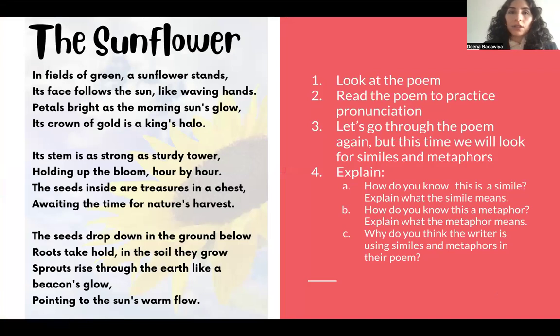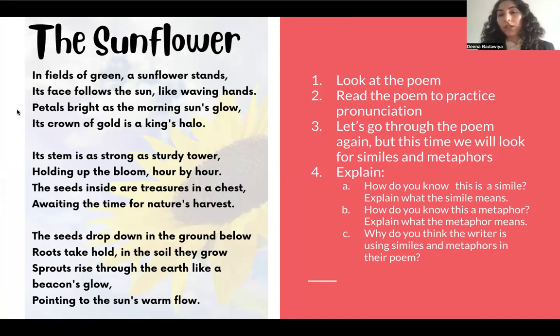Okay. Let's look at the poem. I want you to practice reading the poem so that I can listen for your pronunciation and see how well you're reading and what I need to correct if we have any mistakes. So we're going to read first. And while you are reading, just think about what kind of similes and metaphors you might see.